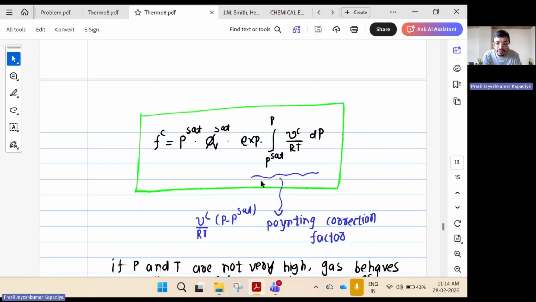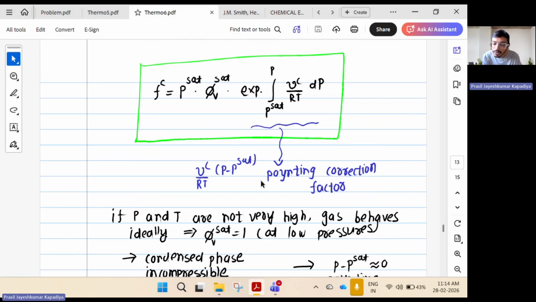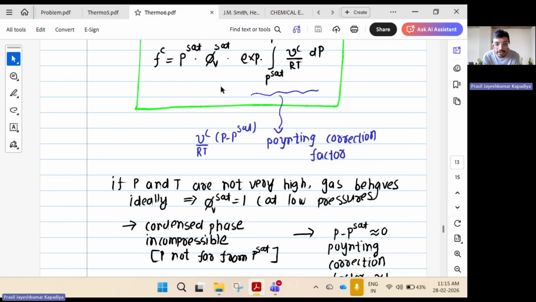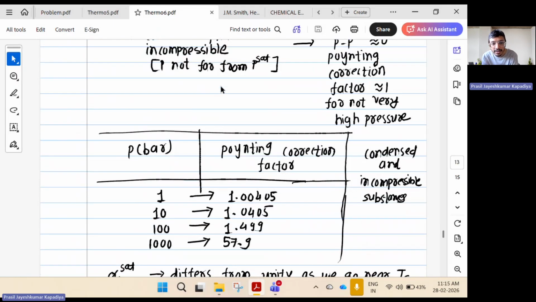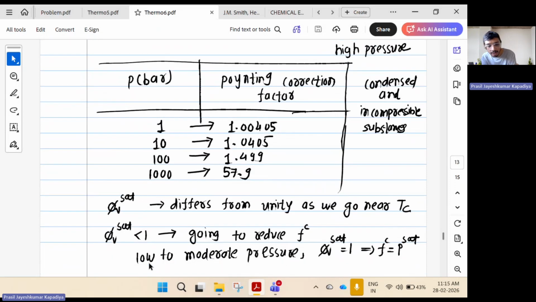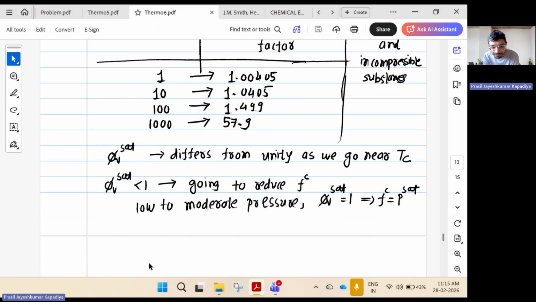And when we are dealing with very low pressure, not very high vapor temperature conditions, we can neglect the Poynting correction factor, exponent of the integral from P sat to P of Vc by RT dP, that is equal to 1, and phi sat also is equal to 1, so we are only left with fC equal to P sat. And these are some data from literature that when we are dealing with very high pressure, then only this Poynting correction factor is coming into the picture.